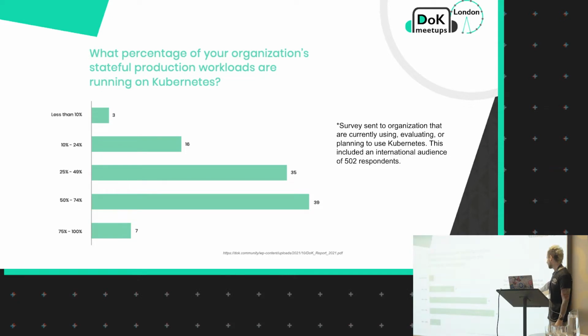And it's not like 5 people, right? It's 502 respondents from various enterprise sizes and different verticals. So across the board, the trend is really to run stateful application within Kubernetes because simply, the platform has matured enough.